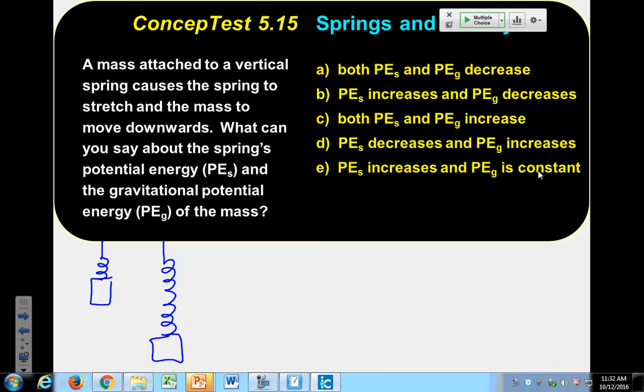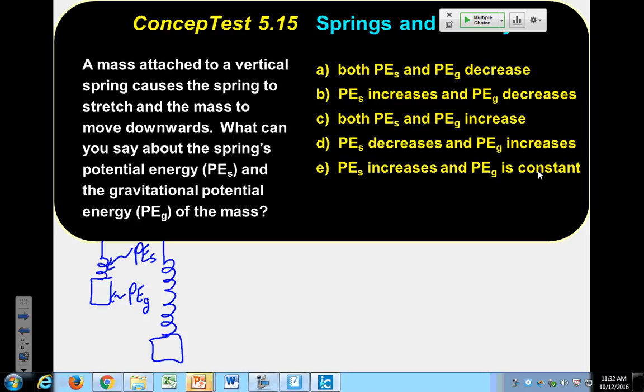Now I'm asking about a couple of things. I'm asking about the potential energy of the spring, which is right here, the energy that's all wrapped up in that spring, and then the gravitational potential energy of the block. So the block is moving from one position to a lower position. When I move to a lower position, I'm decreasing H. That means that I'm decreasing PEG.